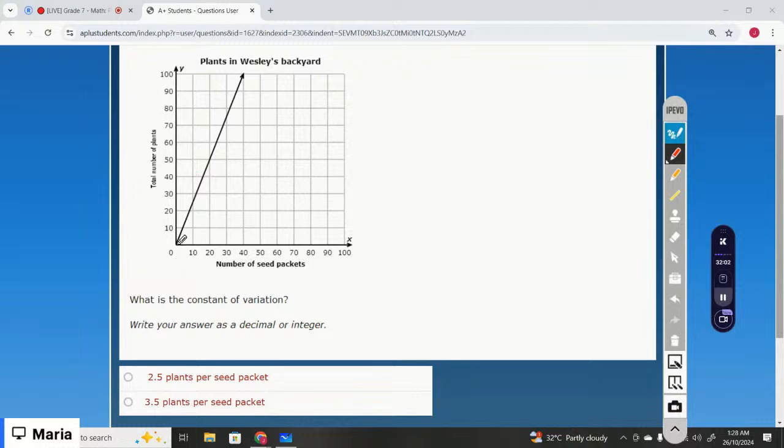So you have to select 2 points on the graph, that is 0, 0 and 20, 50.